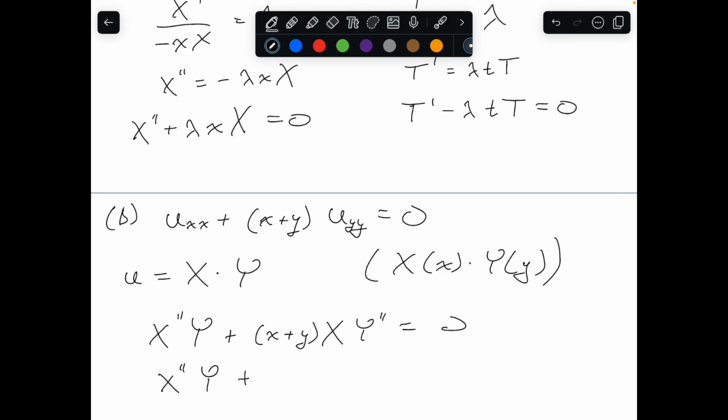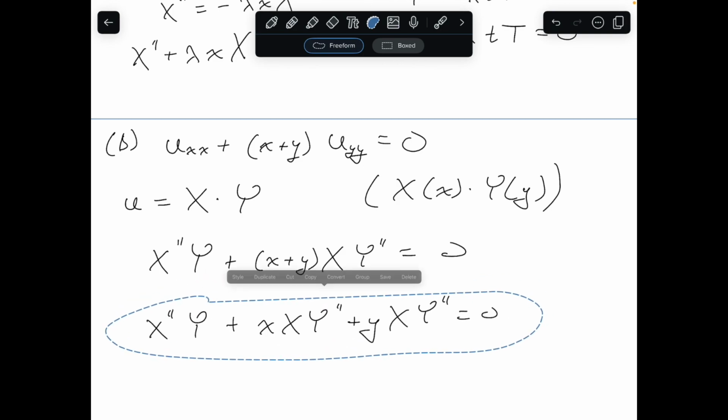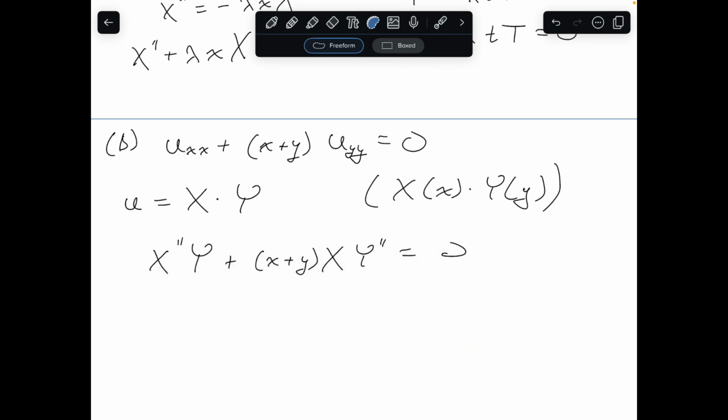So X'' Y, you could try distributing these terms over here. And I just don't think there's a way to. What would you even try?